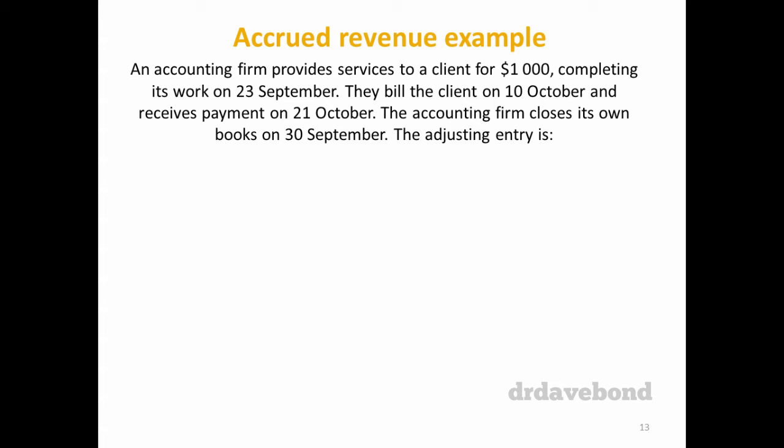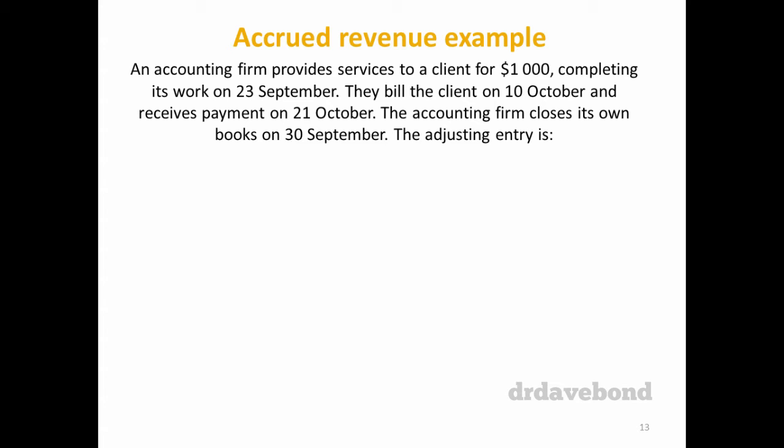Now, ignoring the fact that this is an accounting firm who you think should be on the ball, completing the work on the 23rd and then waiting nearly three weeks to send the bill out, which sounds a bit funny. By the by though, they did the work here, the financial year ends, and they wouldn't have recorded a transaction until the bill got sent out.